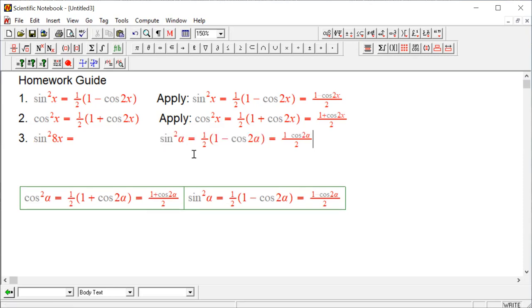But in this case, in the place of alpha, that's 8x. So alpha will be replaced by 8x. So this is going to be 16x. And of course, here it's going to be 16x. So that's the reduction in power.